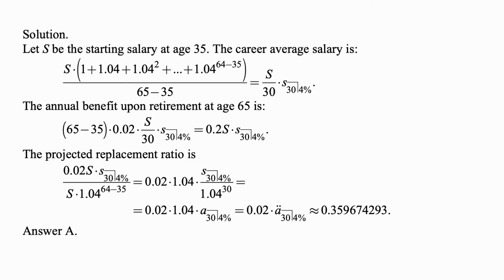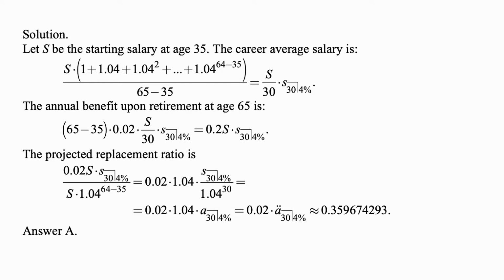The annual benefit upon retirement at age 65 is 65 minus 35 times 0.02, 2% accrual rate per year, 30 years, times the career average salary, which we just calculated to be S over 30 times s angle 30 at 4%. 30 and 30 cancel. This becomes just 0.02 S s angle 30 at 4%.